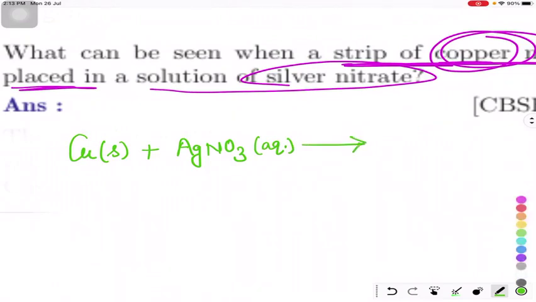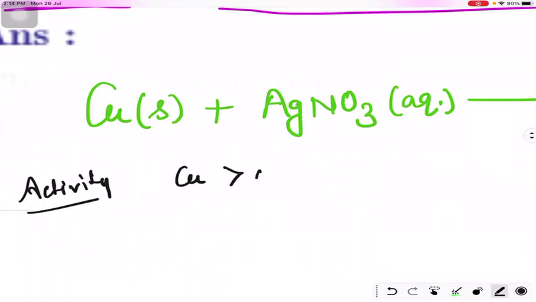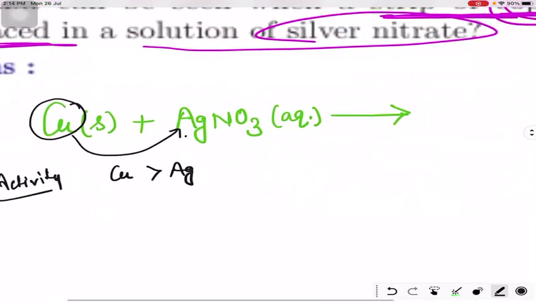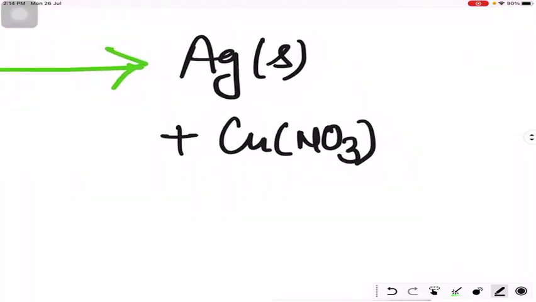When they come in contact, we have to apply the activity series, and according to the activity series, copper metal is more reactive than silver. So copper can displace silver from its solution. Displacement will occur and silver will deposit at the bottom, whereas copper will form the corresponding compound, and it is not copper nitrate CuNO3.